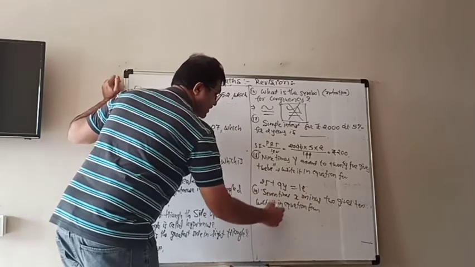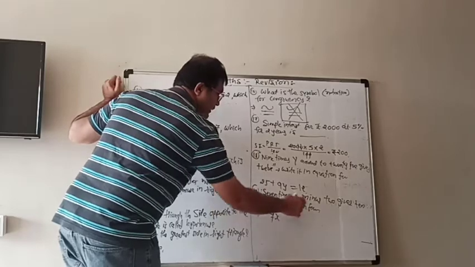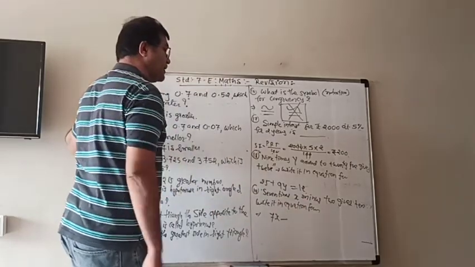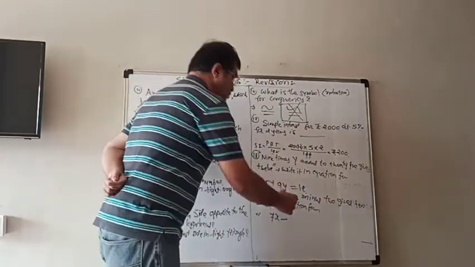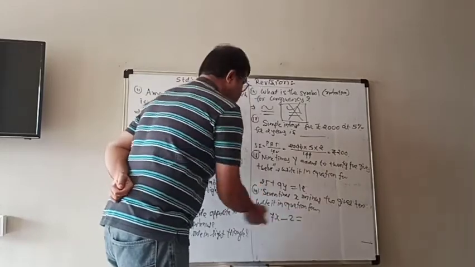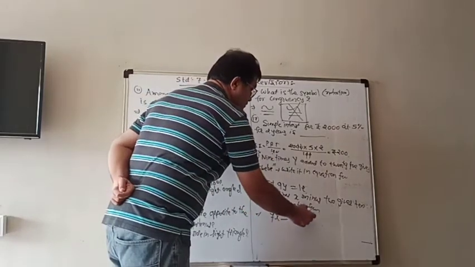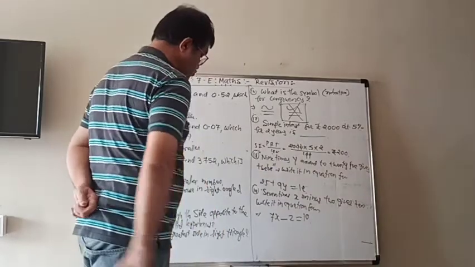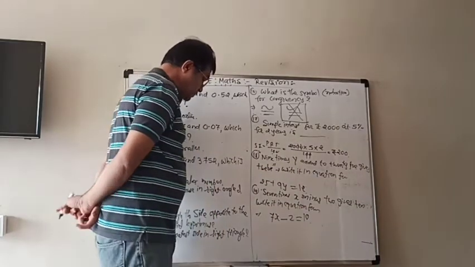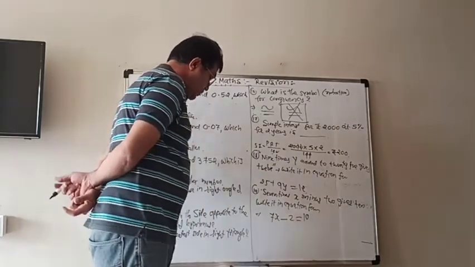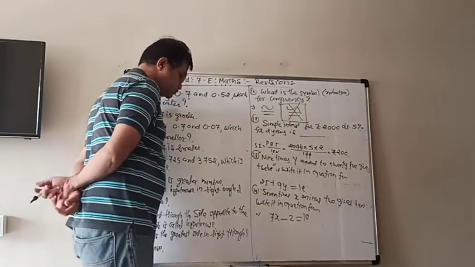So 7 times x means 7x, minus means minus 2, gives means equal to 10. So 7x minus 2 equals 10 is the right answer.